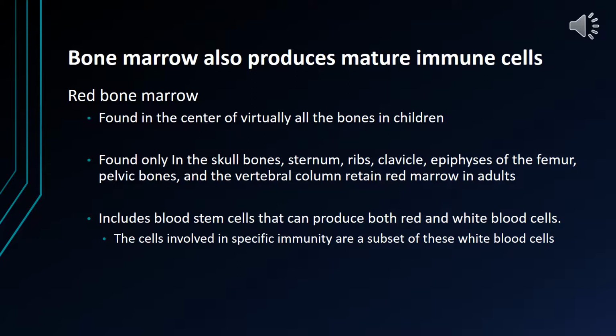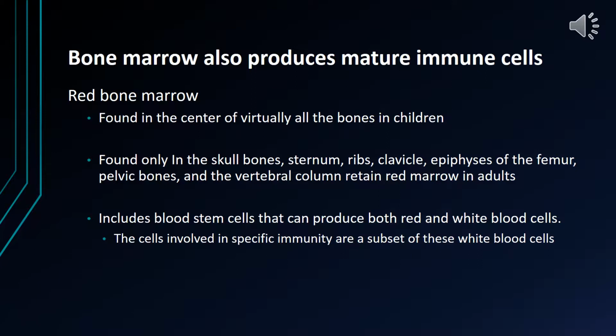The bone marrow also produces mature immune cells, and to be more specific, bone marrow is actually the production site, or rather the birthplace, of all blood cells, including the T cells, and all types of blood cells actually mature here, except for the T cells, which mature in the thymus.